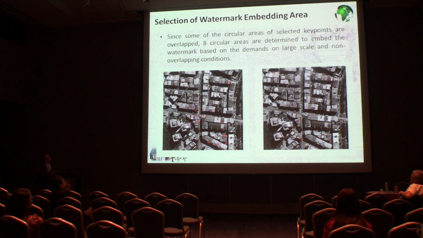So in this example, there are 20 points found in this image. After the removal of the overlapping, there are only 8 points reserved. And in the circular areas of these 8 points, we will put the watermark.